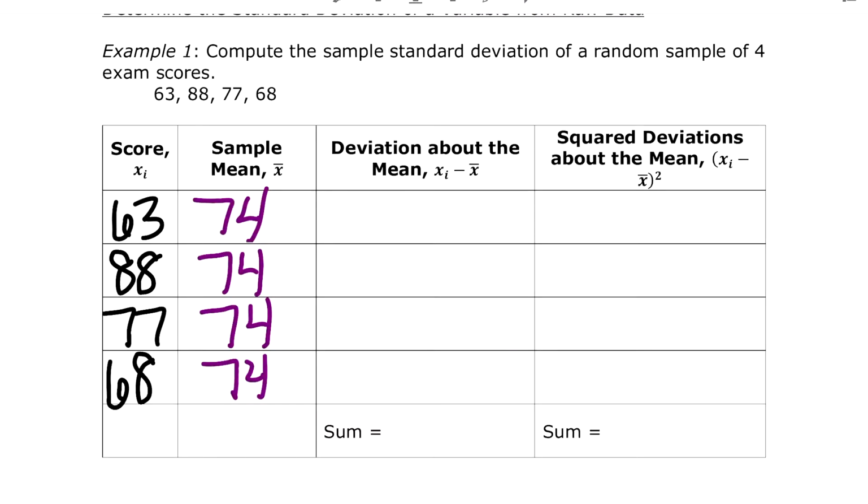Okay, so now we want to find the deviation about the mean, or how far away each data value is from the mean. We're going to do that by taking each data value and subtracting the mean.